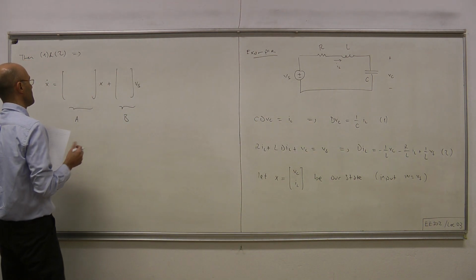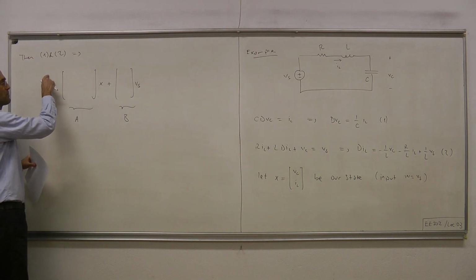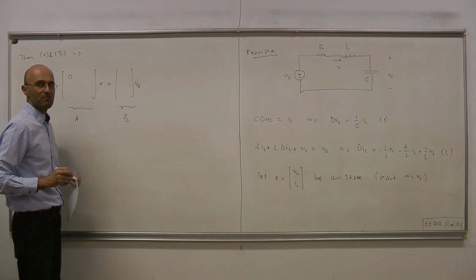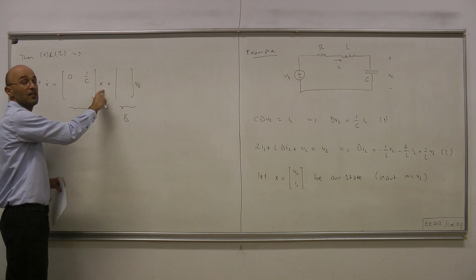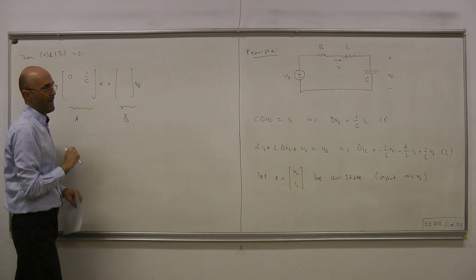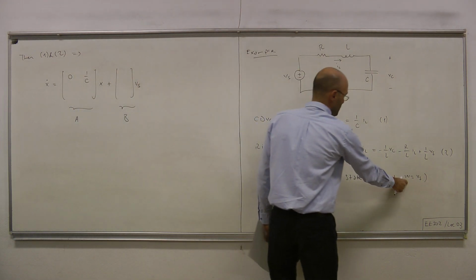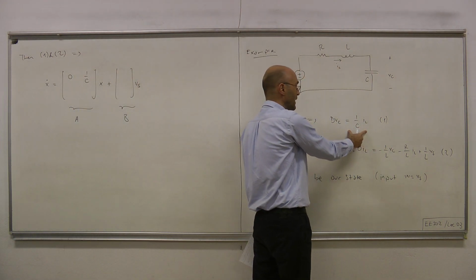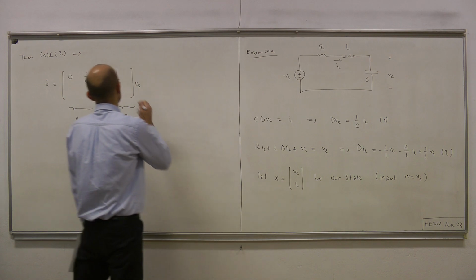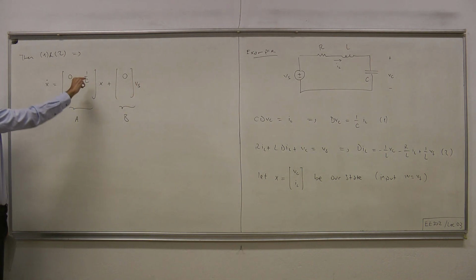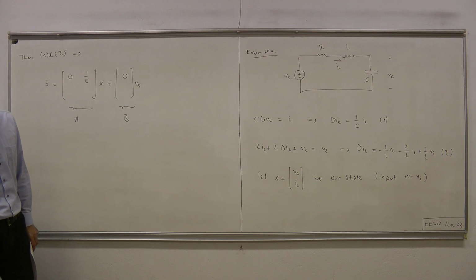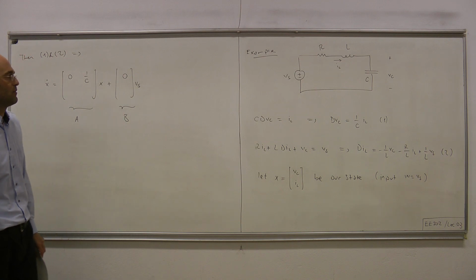So therefore, VC dot equals 0 times VC plus 1 over C times IL. And finally, how about input? Input does not directly appear in this equation, therefore 0 times Vs. So the first equation gives us the first row.